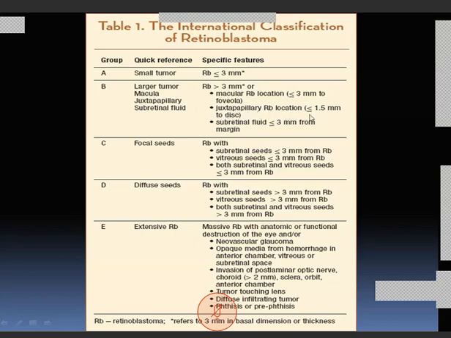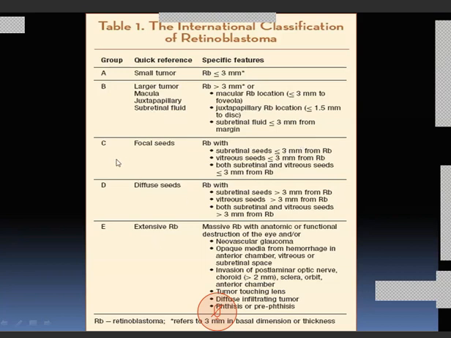The location is less than or equal to 1.5 millimeters from the disc, and the subretinal fluid less than or equal to 3 millimeters from the margin of the tumor. So large tumor more than 3 millimeters in size, with its location from the macula and the disc, and also the amount of subretinal fluid.